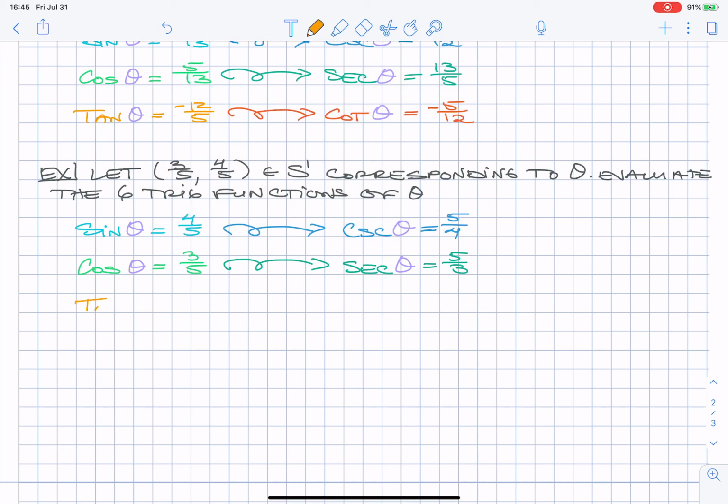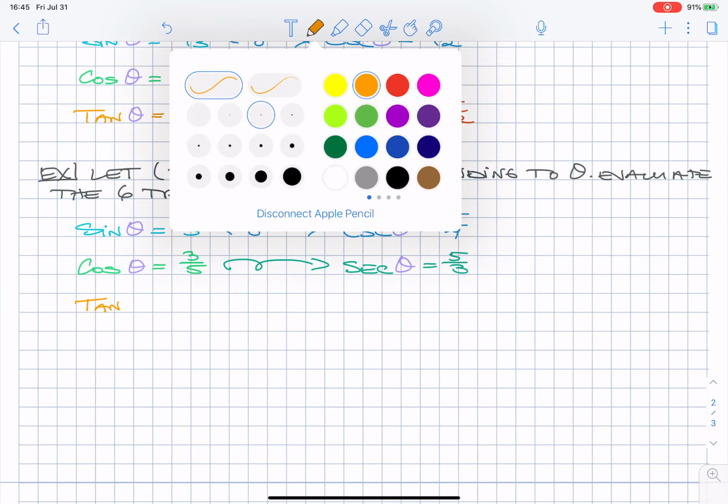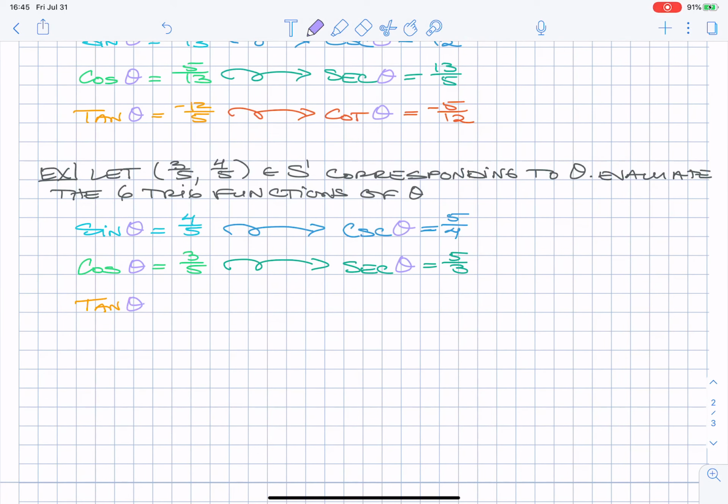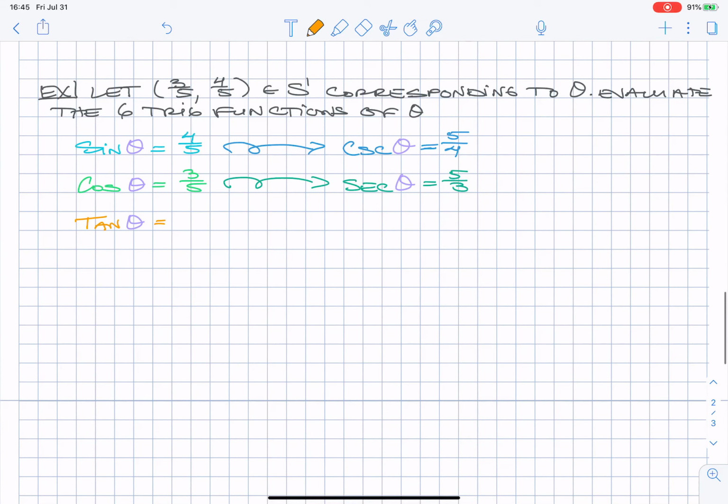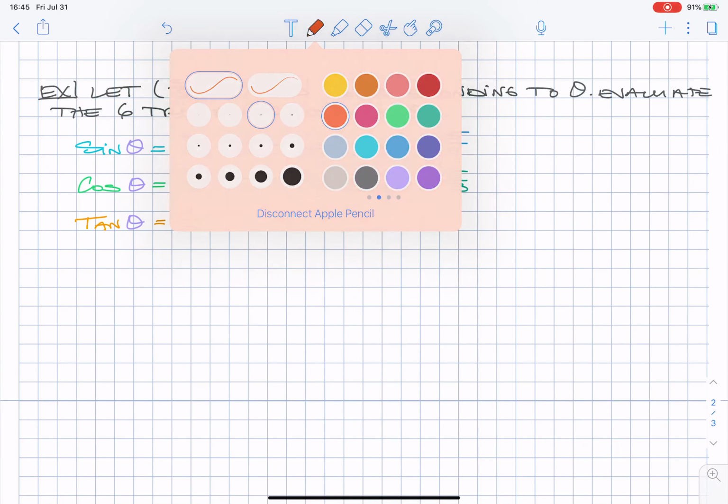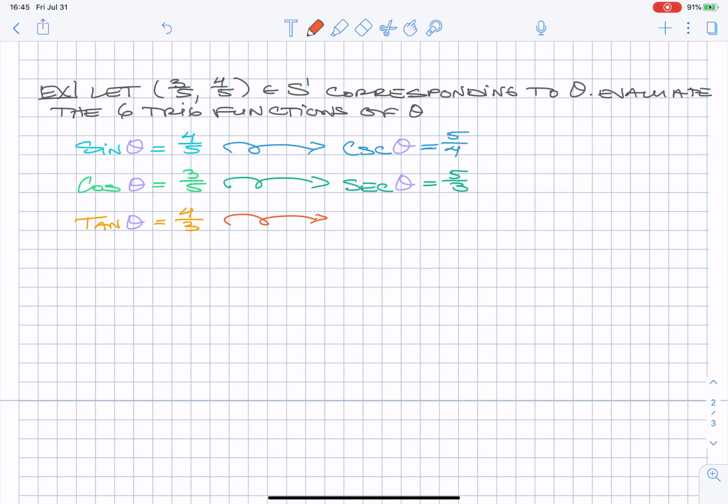Tangent of theta, well, that's a quotient of the two above. The 5 cancels. I'm left with 4 over 3. And the reciprocal, cotangent of theta. I flip tangent upside down and I get 3 over 4. Okay, so there we are for those.